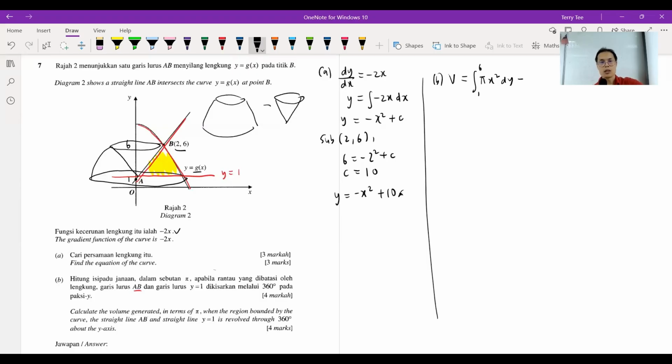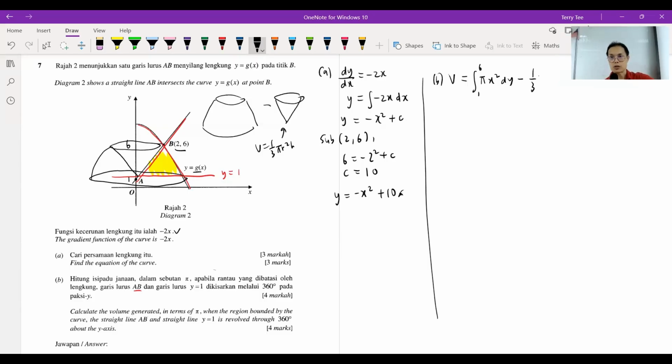Isi padu cone. Cone, remember, is 1 over 3 pi r squared h. r is your radius, h is your height, or jejari squared times tinggi t. So we take 1 over 3, your radius in this case measured from here to here, which is 2. Your height measured from here to here, 6 minus 1, which is 5. So 2 squared times 5. Okay, we need to make x squared the subject from here. Before you integrate the x squared, you bring over, it is 10 minus y.